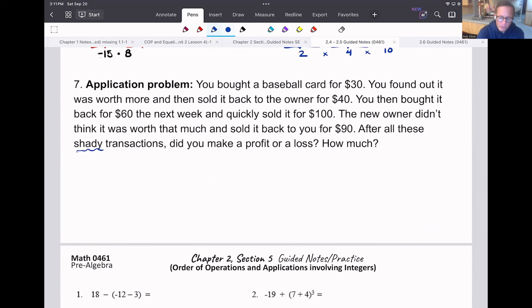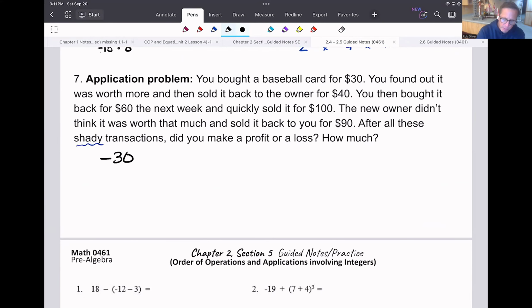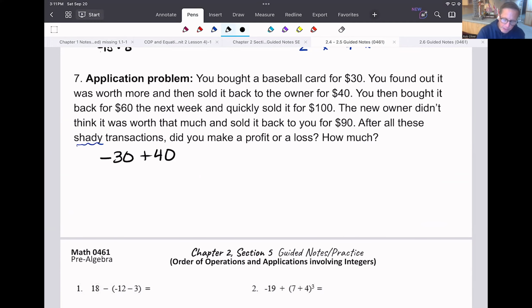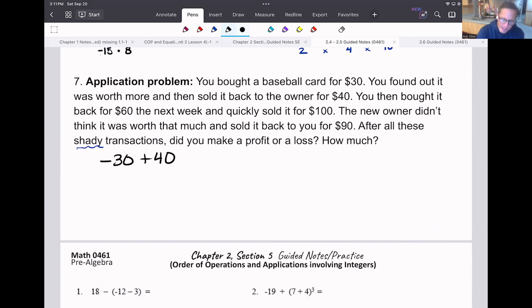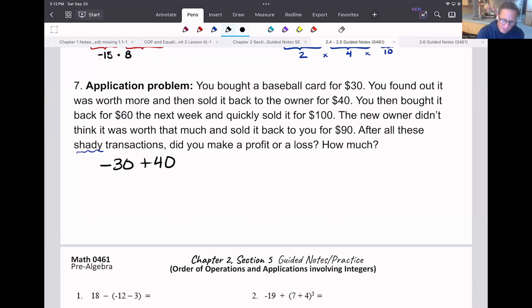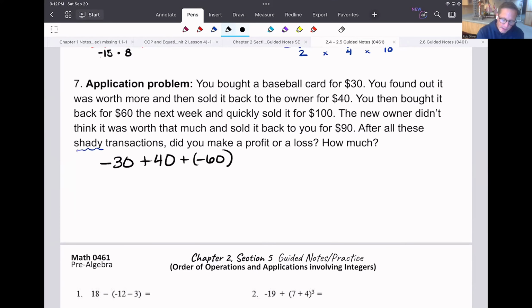So that's, I think, an important distinction you need to make in these kinds of problems, just understanding what's what. So you bought a baseball card for $30, and then you found out it was worth more and sold it back to the owner for $40. Okay, that's pretty good. All right, and then you bought it back for 60, so I'm going to write plus negative 60. And the next week you quickly sold it for 100, so plus 100.